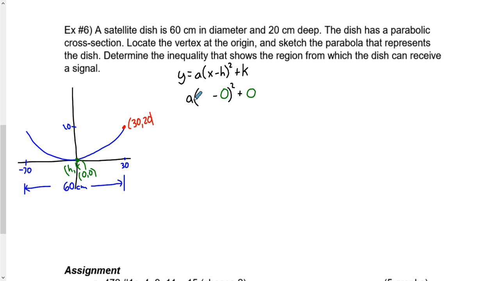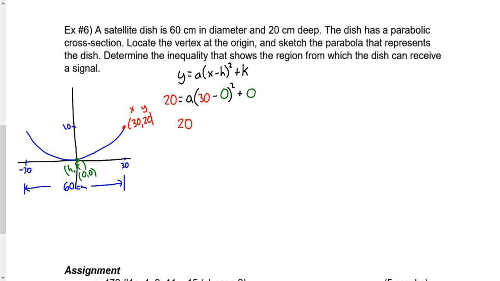a value. In order to find out what our a value is, we're going to have to use one of our points on here. Well, the great thing is with all this information, we have that. We have an x and we have a y. 20, 30 equals that. And then we can keep on going and solving.